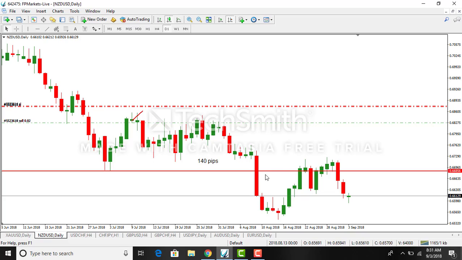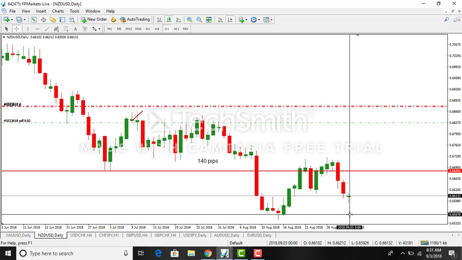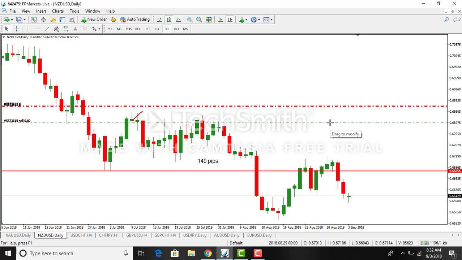As you can see, I could have moved the stop losses even further down, but for some reason I felt that this trade was going to work in my favor and keep going down to test this low. So once price does hit here and retest the low, that is going to be a 270 pip move, right?